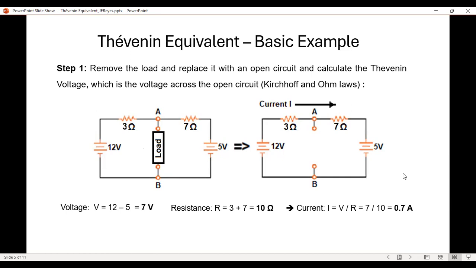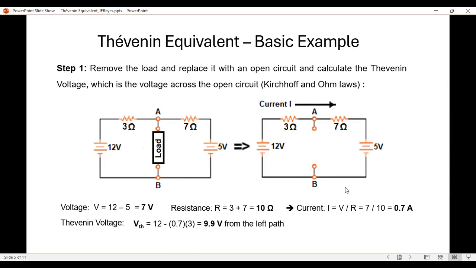Now we can calculate the Thevenin voltage, which is the voltage of the terminal A with respect to terminal B. To do that, we can use the left path or the right path. If we use the left path, that voltage is 12 volts minus the voltage drop across the 3 ohms resistor. That would be 12 minus 0.7 times 3 equals 9.9 volts.